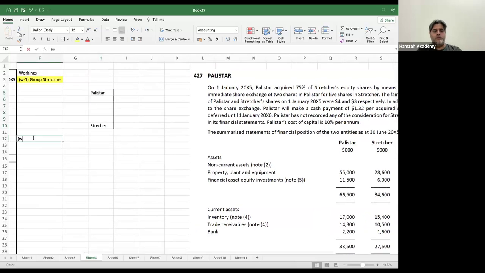Now we have working two, summary of net assets of Stretcher at acquisition date, at reporting date.